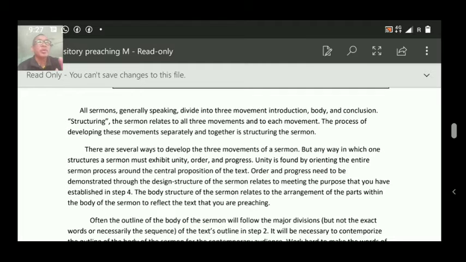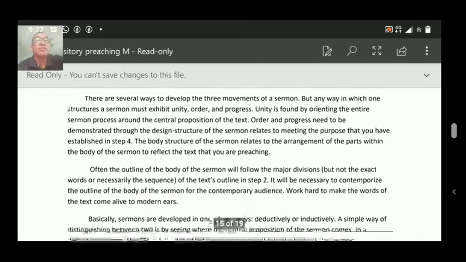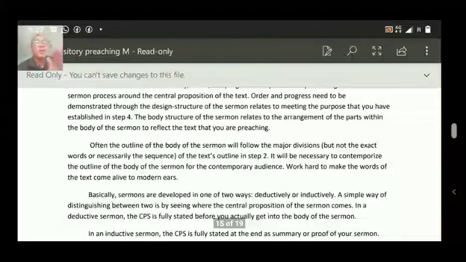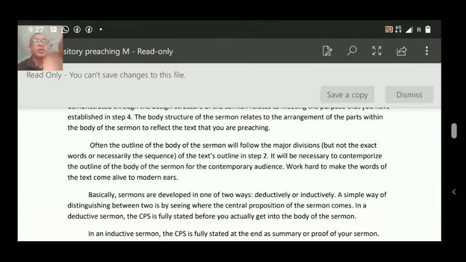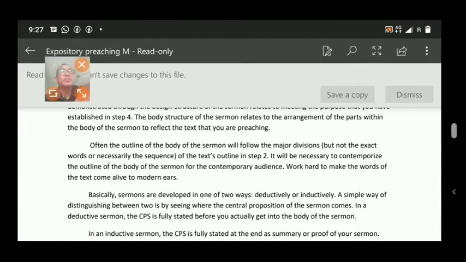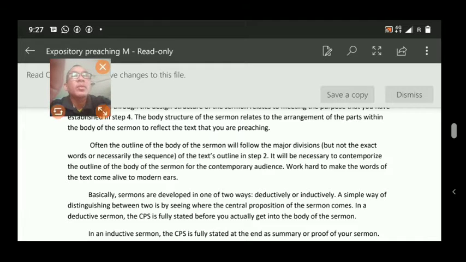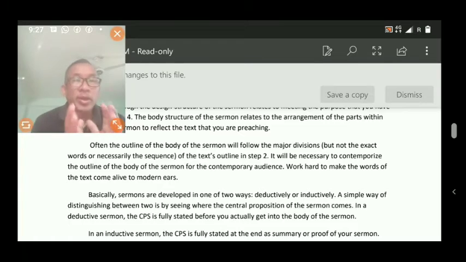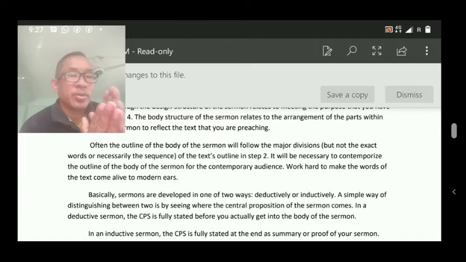You have your notes over here, but I will just give you the simple way of structuring the point. What you have to understand is step number 2, structuring the text.